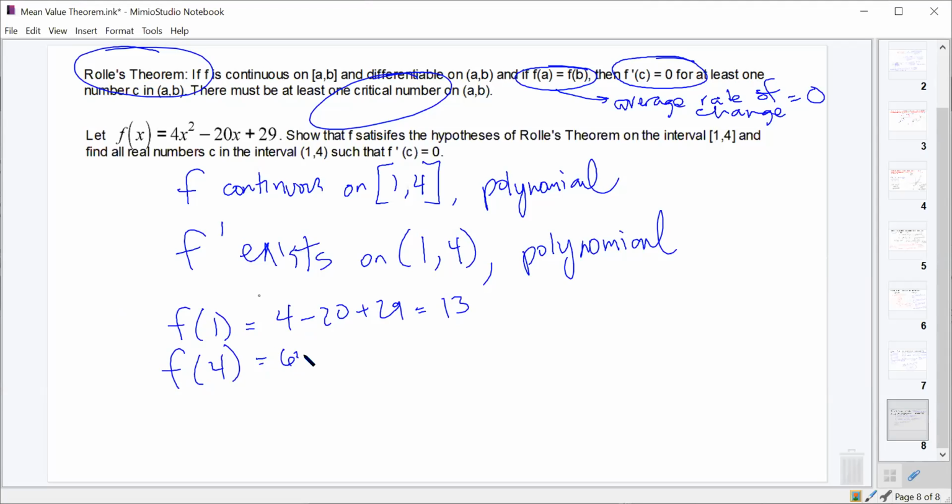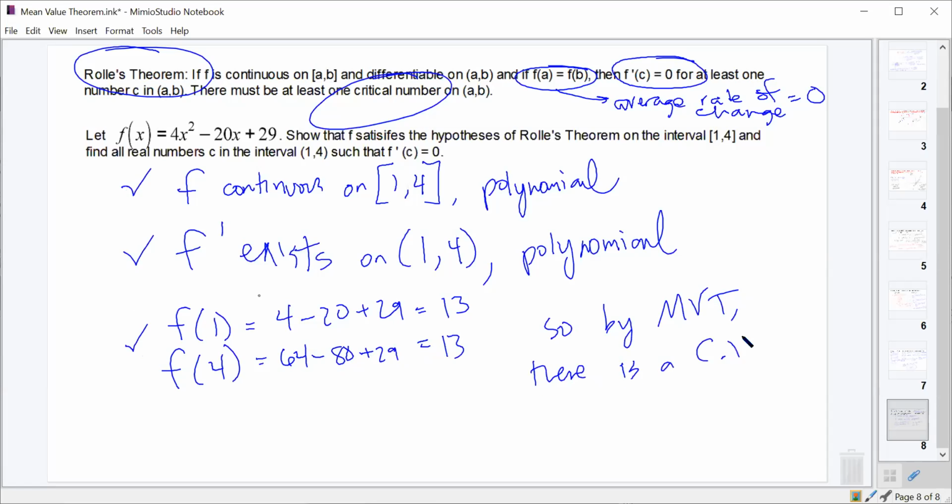Should be 64 minus 80 plus 29, which is, again, 13. So criteria 1, criteria 2, criteria 3 have all been met. So we'll say by the mean value theorem, there is a critical value on the open interval from 1 to 4.